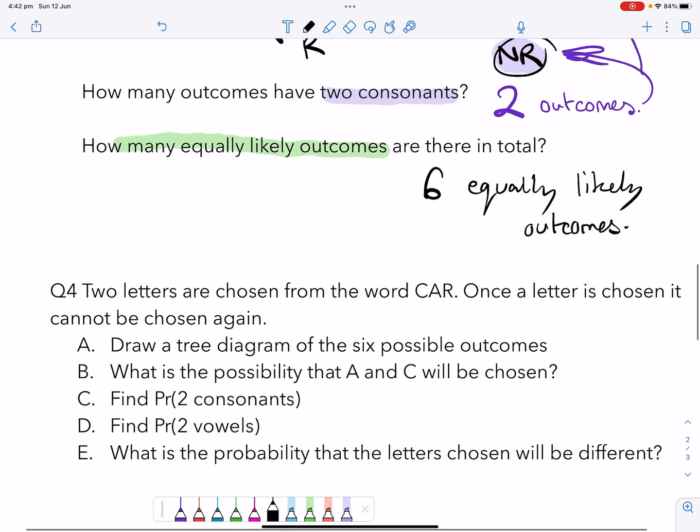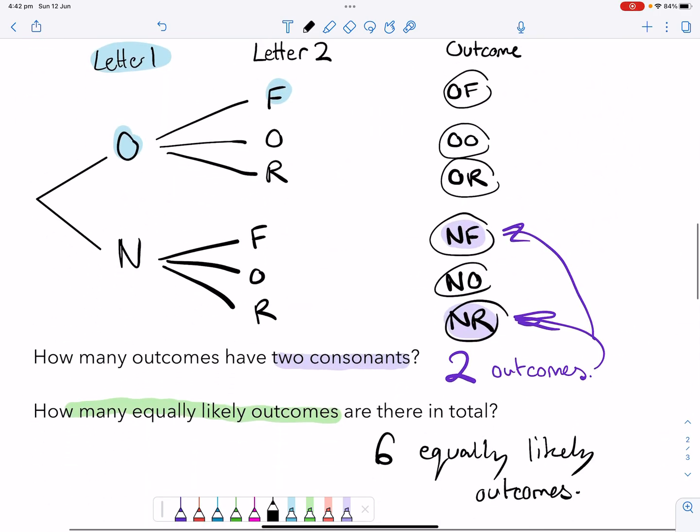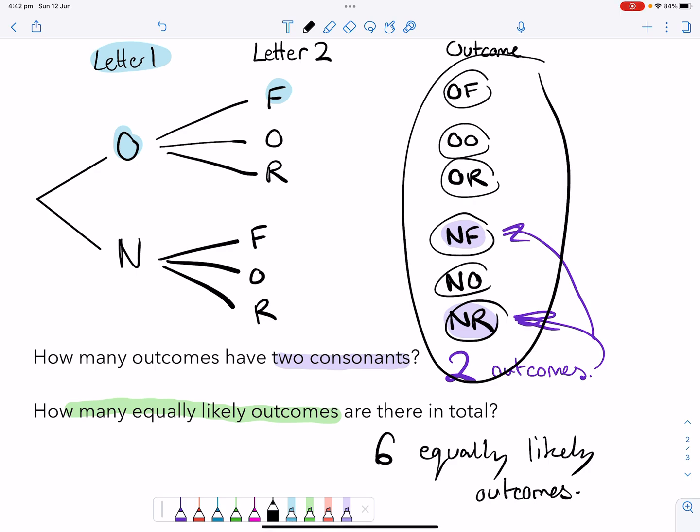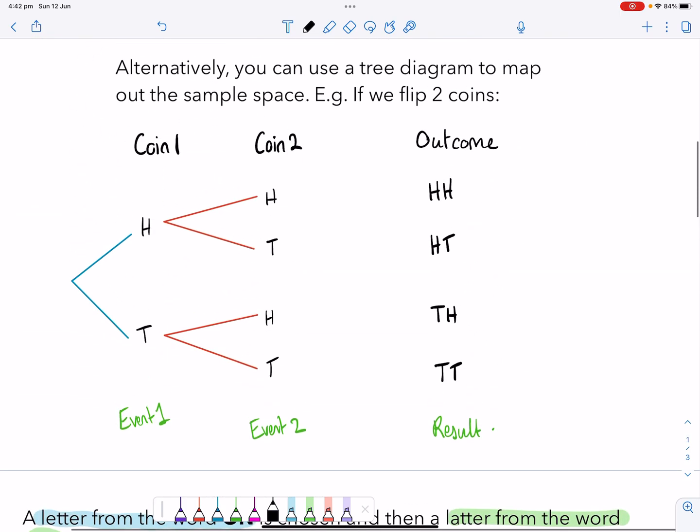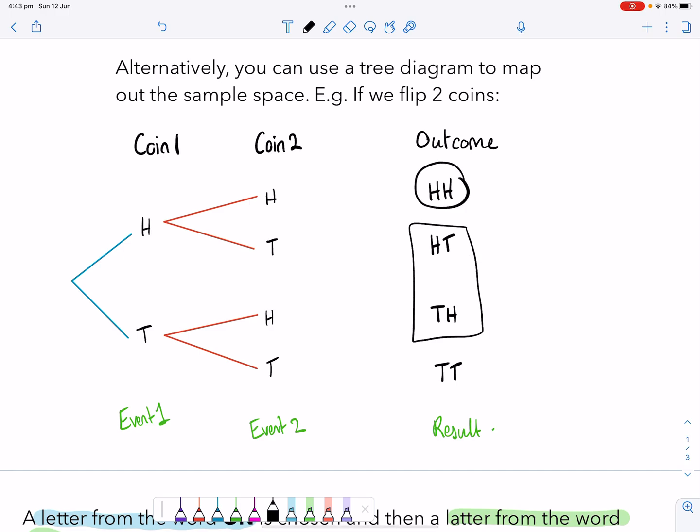I think if I choose a different example next, maybe there would be a few outcomes that are basically the same thing as each other. For example, with these heads and tails, ones that are equally likely to appear would be these ones, because they're basically the same as each other. And these also would be equally likely to occur from a probability standpoint.